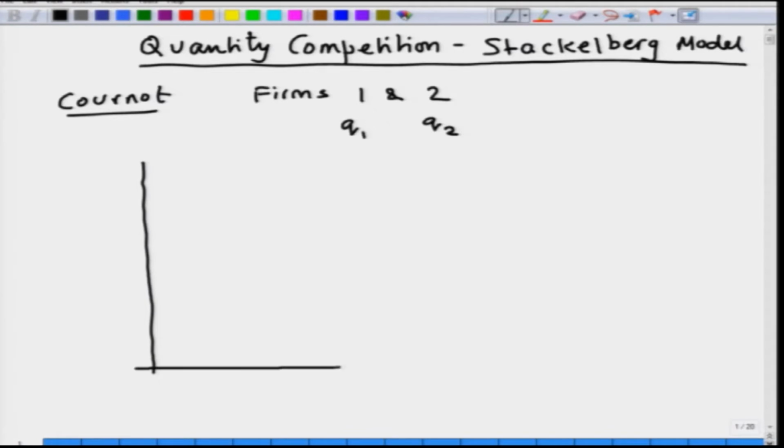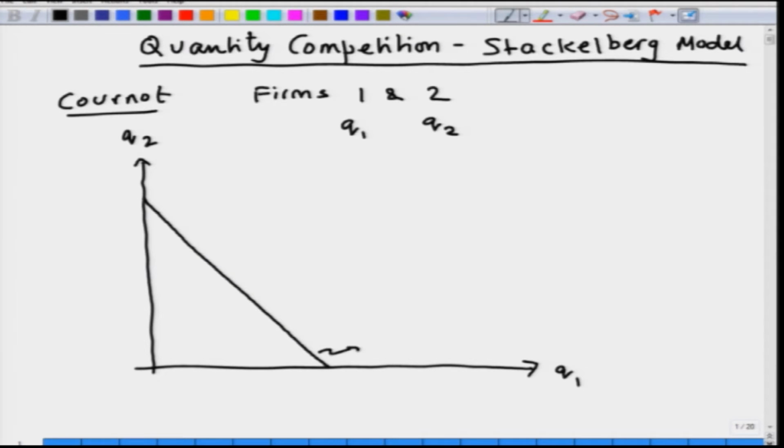If I quickly draw the best response functions, we have Q1 and we have Q2. The best response function for firm 1 was this downward sloping line, as a function of firm 2's output, and firm 2's best response function was something like this.